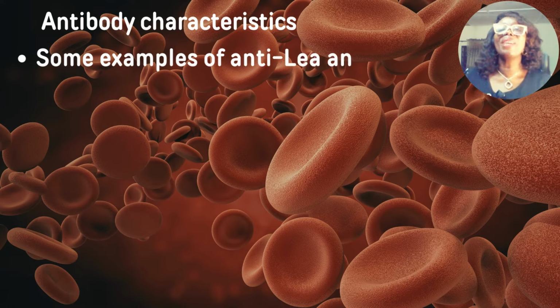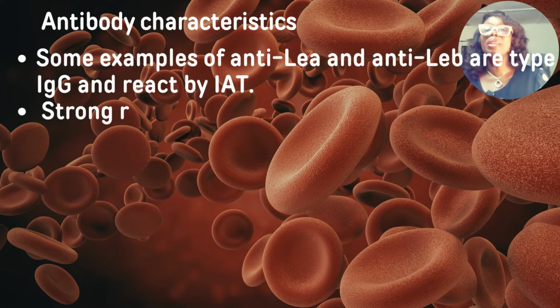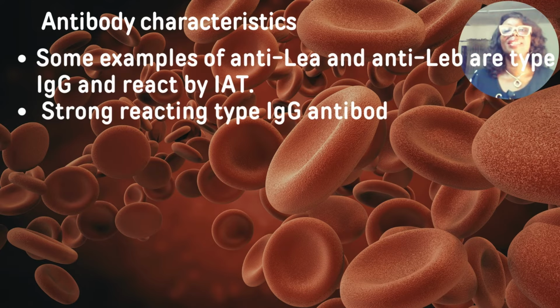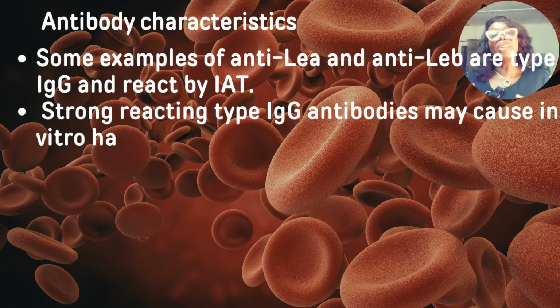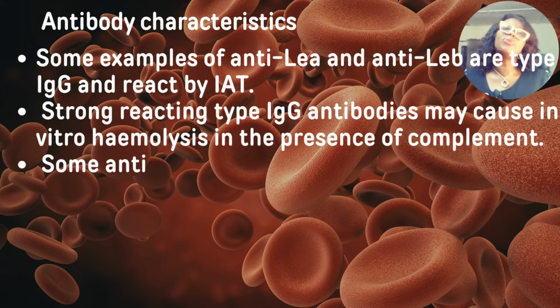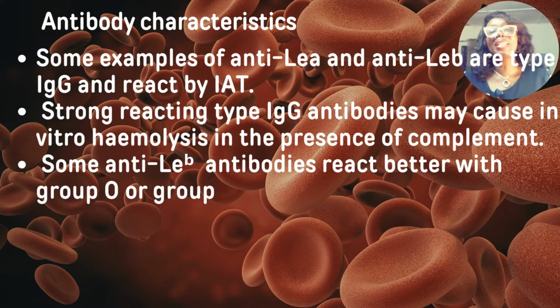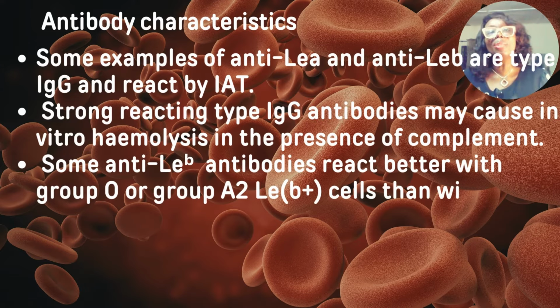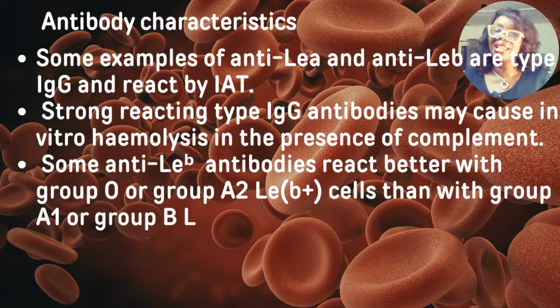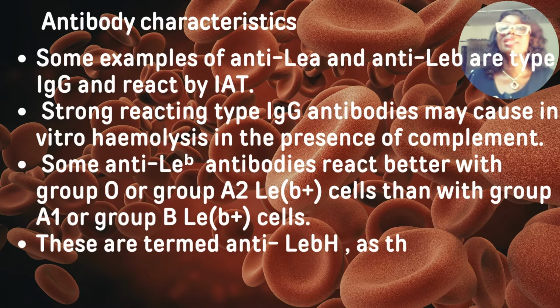Some examples of anti-Lewis A and anti-Lewis B antibodies can be immune, can be IgG. I said earlier that they are usually IgM in nature, naturally occurring, but you can have immune forms of anti-Lewis A and anti-Lewis B, and these immune forms are IgG in nature, and they react at indirect antiglobulin test level.